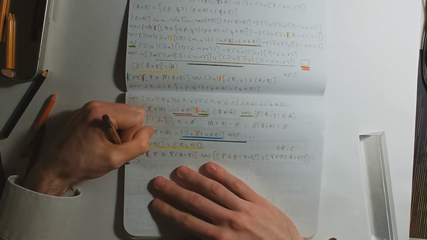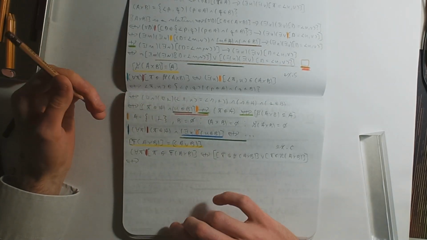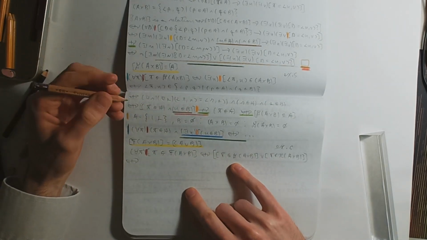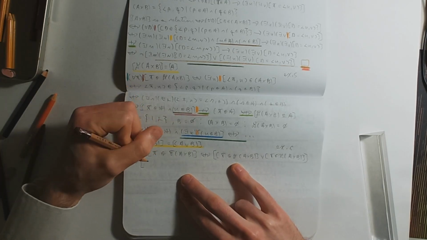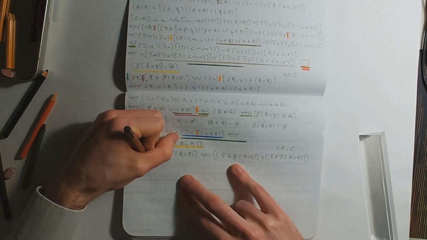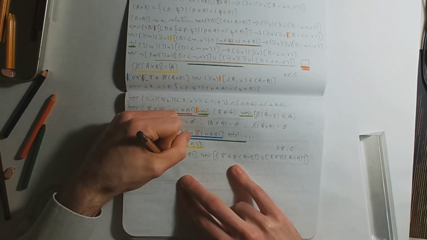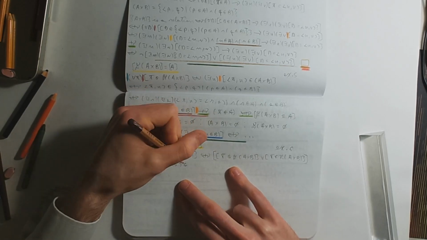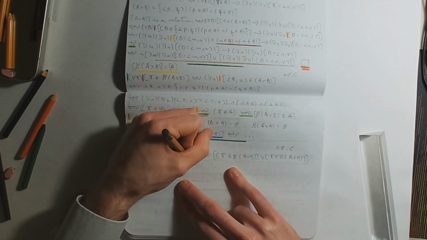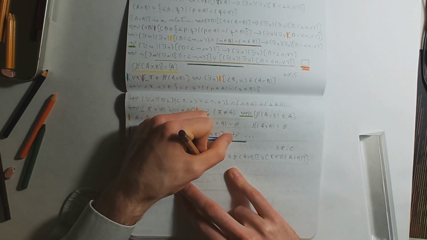Which is interderivable with the expression there exists a U such that the ordered pair TU is an element of A by B.